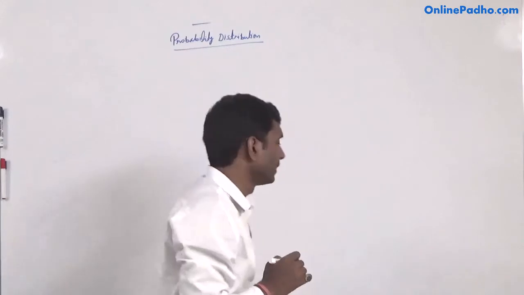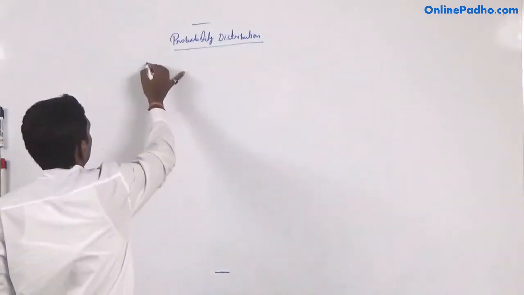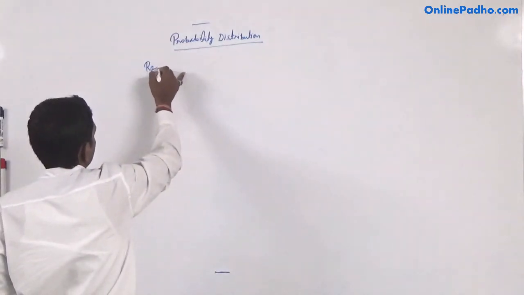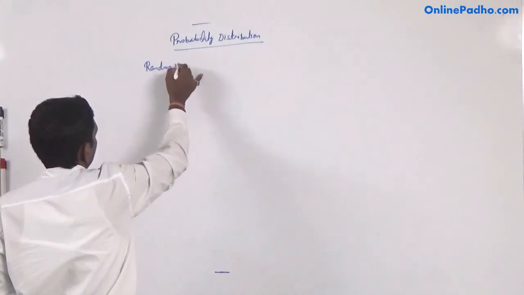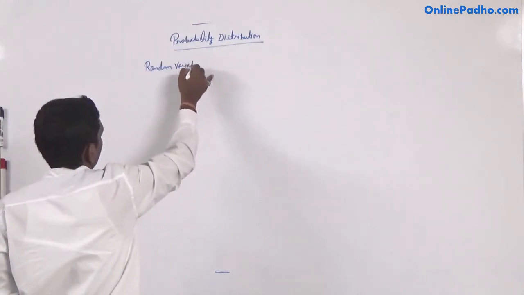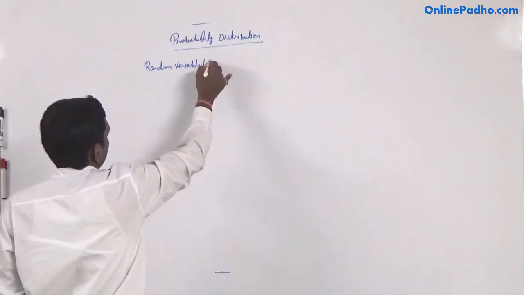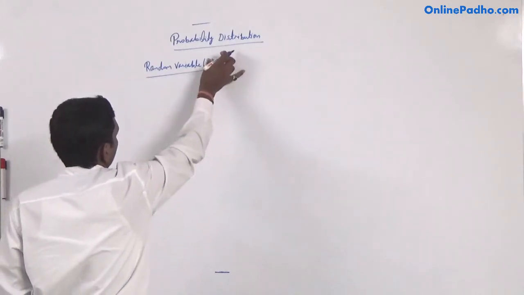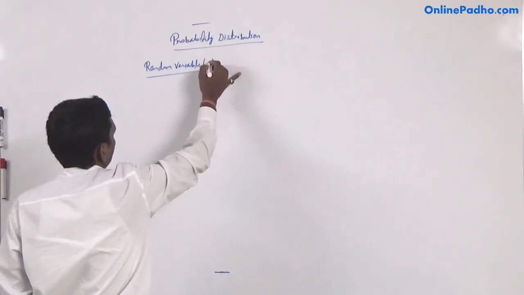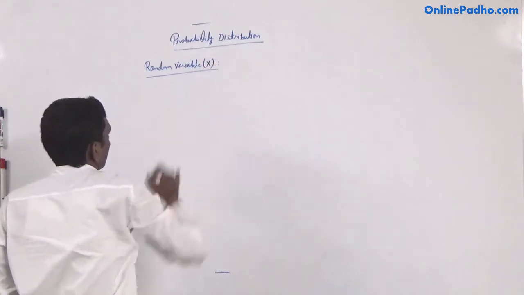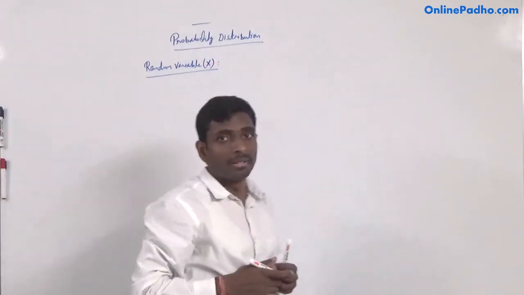In this topic, first we have to discuss the random variable. It is denoted by capital X. Now let's see what a random variable is.